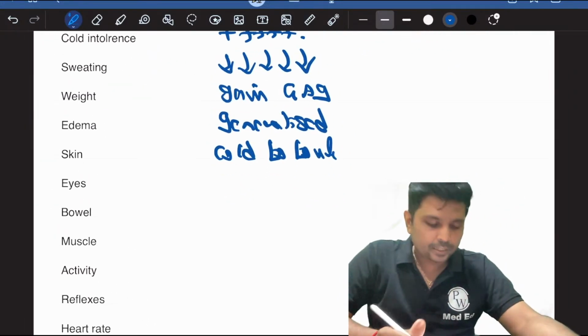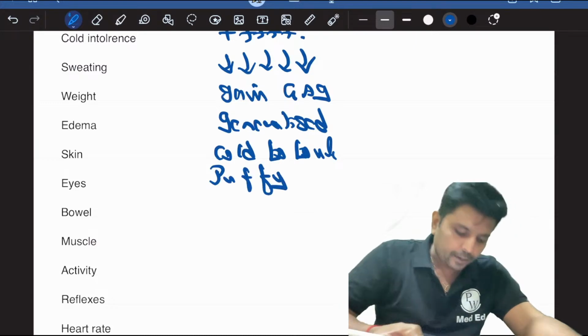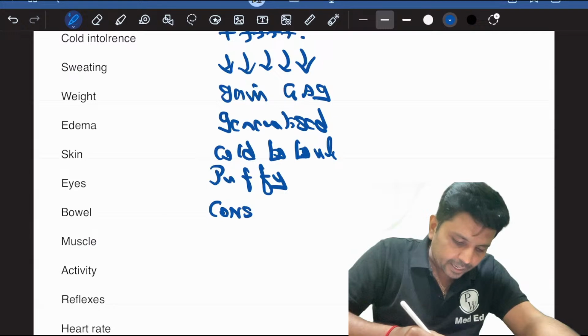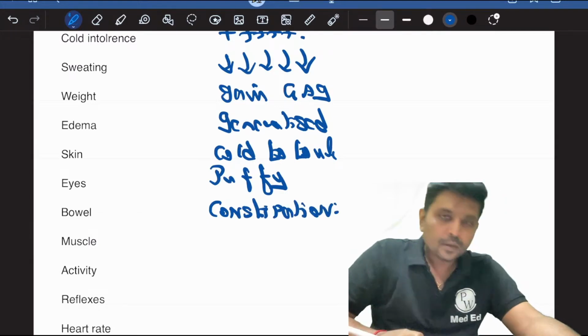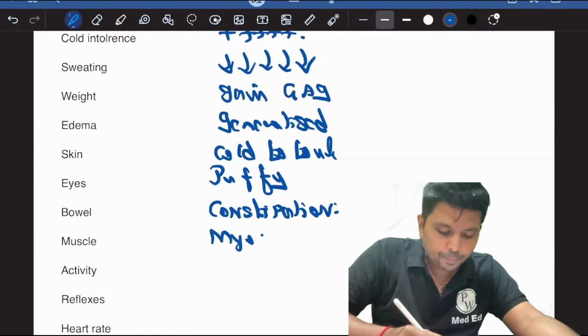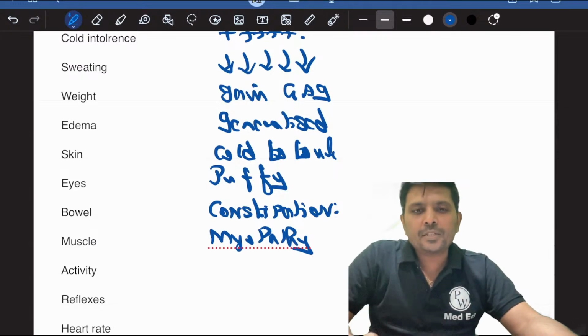What about eyes? Eyes are puffy. What about bowel? They have decreased bowel movement leading to constipation. Muscle, they have myopathy, called hypothyroid myopathy, leading to proximal muscle weakness.